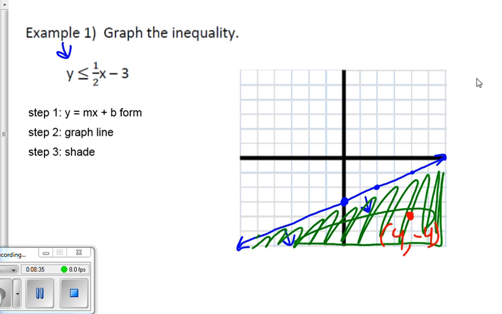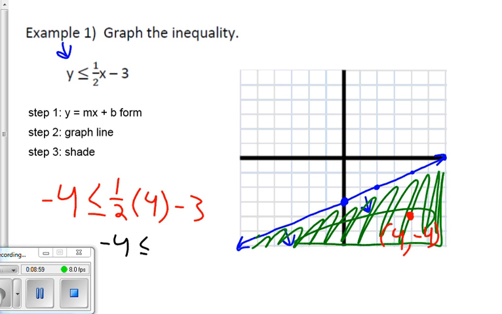So let's check it out. Y is negative 4, less than or equal to 1/2 of x, which is 4, minus 3. Okay, so because it's in the shaded region, this statement should be true. So let's make sure it is true.